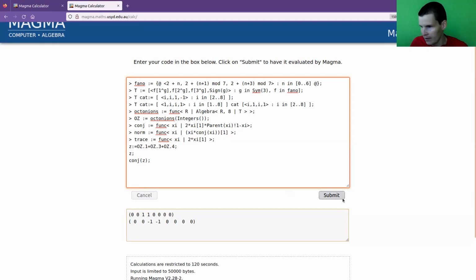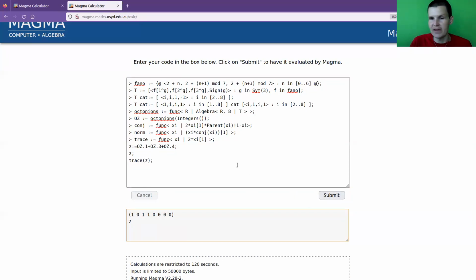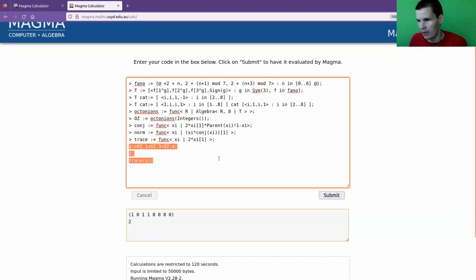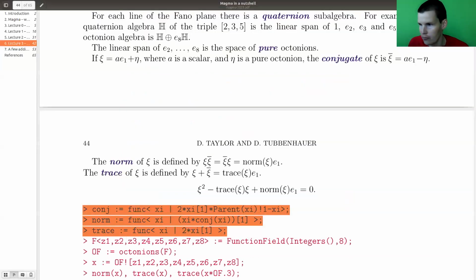I could put a 1 here, and 1 stays the same. Or I could take the norm of that element, or the trace of that element. Really just setting up those functions, computing traces and norms in the octonions. That's all it does. Not that exciting, but of course also good to know.